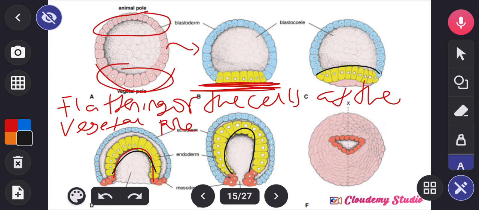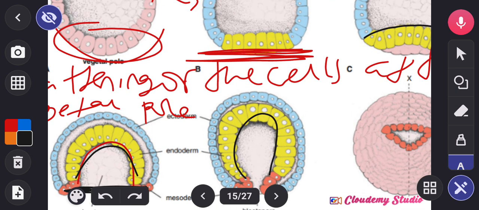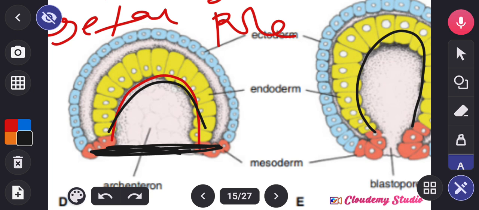You see this particular thing that happened here, that is what we refer to as invagination: infolding of cells to form a cup-shaped structure with a large cavity which opens to the exterior on the side that was originally the vegetal pole of the embryo. You know that this particular side is originally the vegetal pole of the embryo, right?